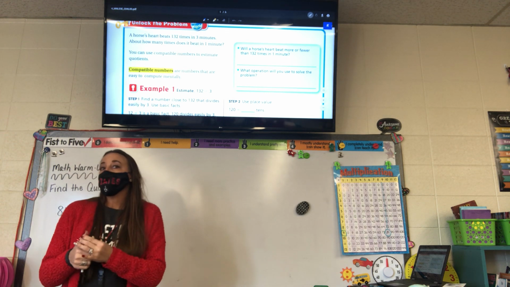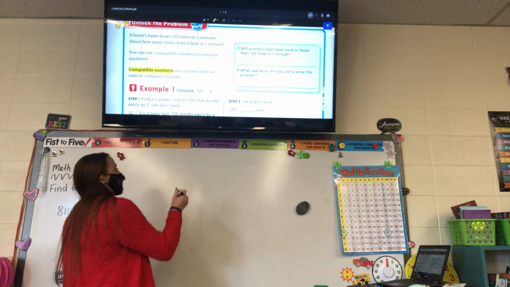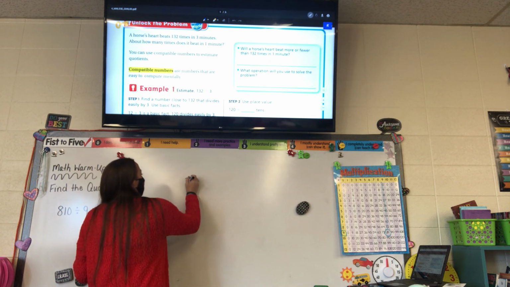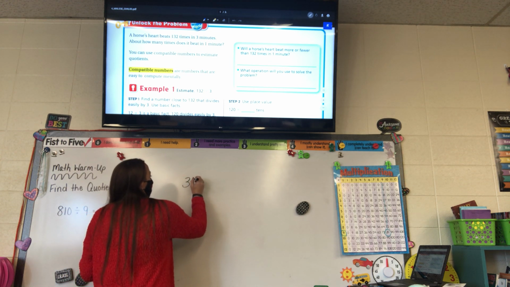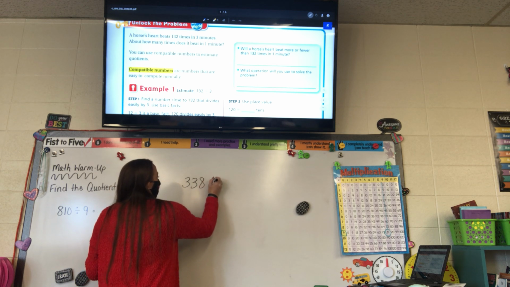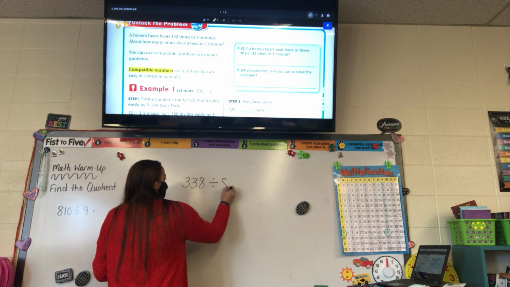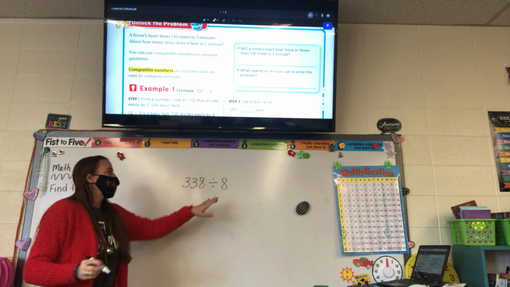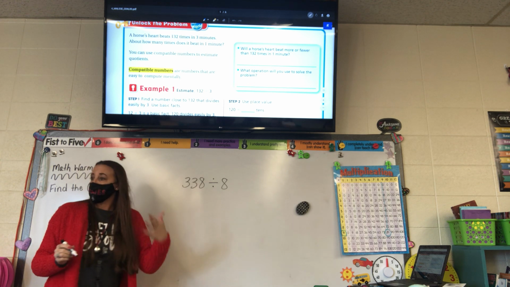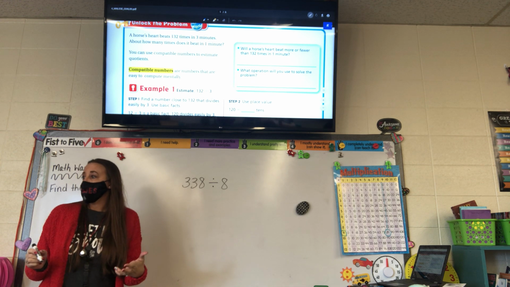This is what we've done in the past. If we had a number like 338 divided by 8, we started multiplying 8 times different numbers to get us close to 338.